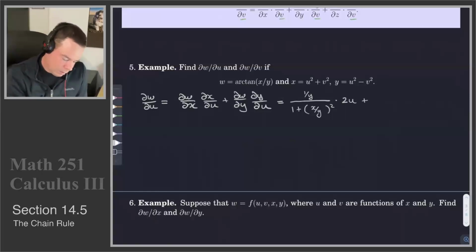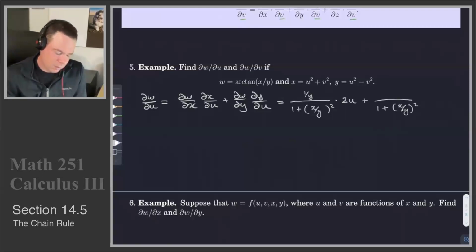And then we can go to the next partial, dw dy. So the derivative of the arctan is 1 over 1 plus the inside function squared. And then we need to multiply it by the derivative of the inside function, x over y, the derivative of that with respect to y. So x is a constant because we're doing the partial derivative here with respect to y. So we think of x as a constant.